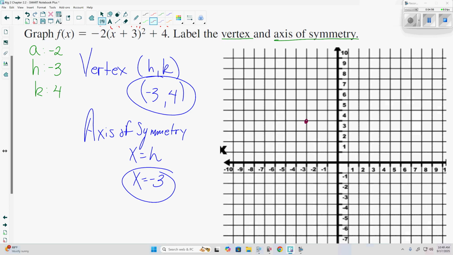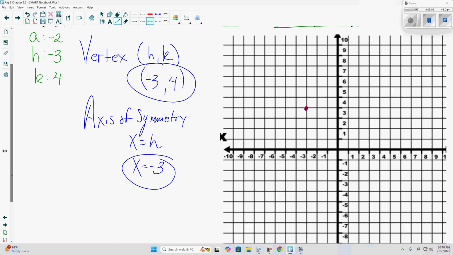And we would use it and the axis of symmetry, which is going to be the line right here that goes through that point straight up and down. The reason these two things are helpful is because every point to the left and right of that line is going to be equidistant across.